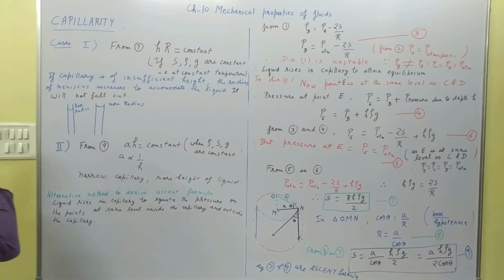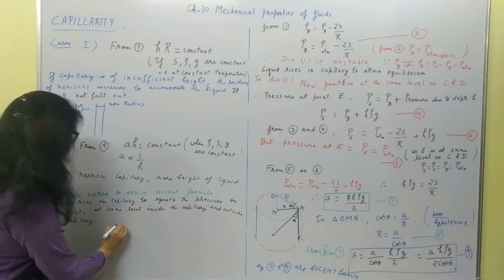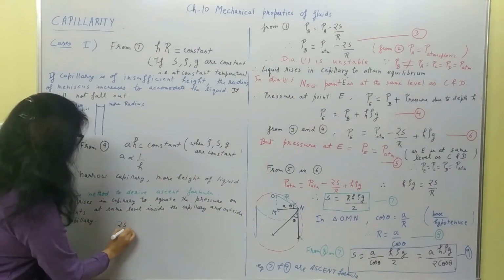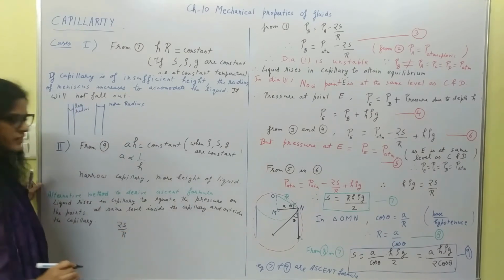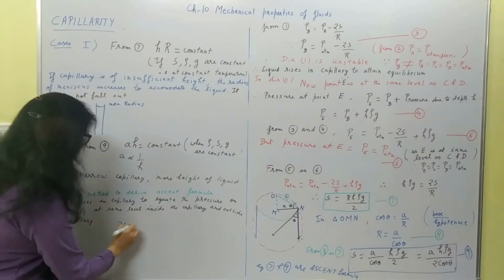Right? And then we can write that 2S upon R, this was the excess pressure on the concave side.